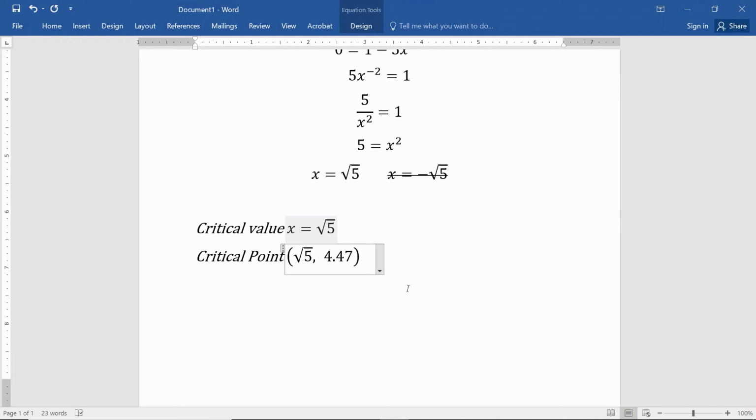If I wanted to be more precise, I'd say that the output is square root of 5 plus 5 over square root of 5.